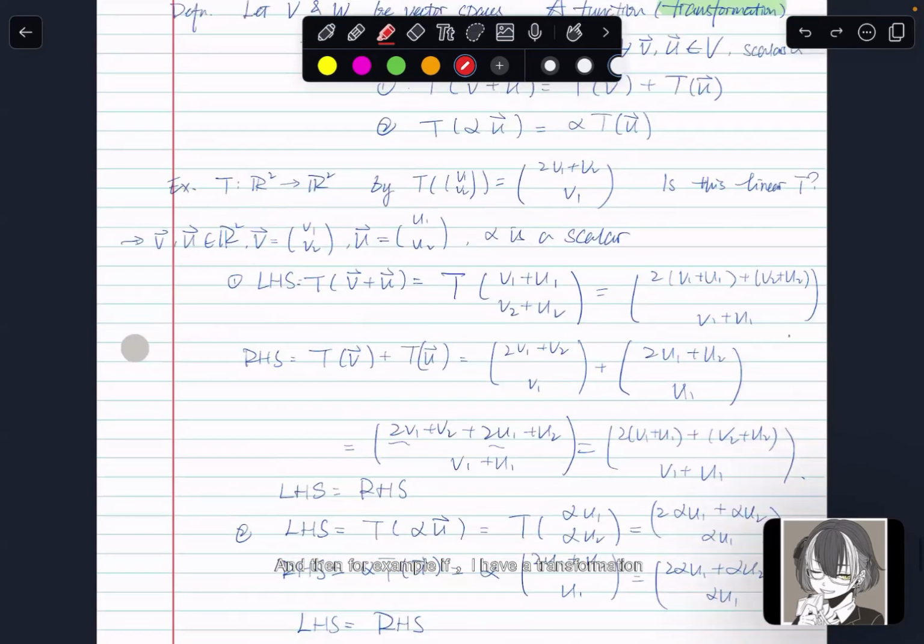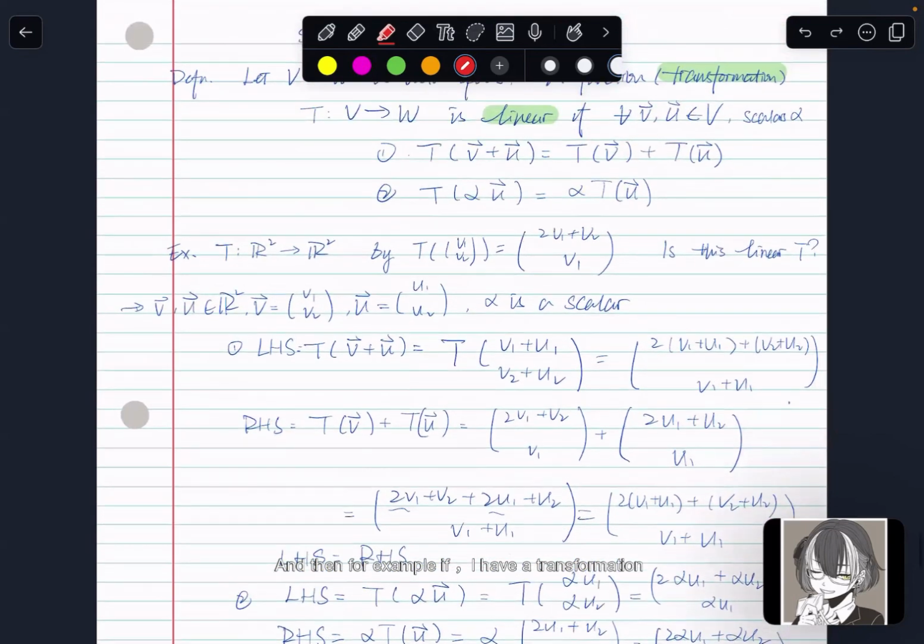For example, if I have a transformation mapping from R squared to R squared, I'll define T of (V1, V2) equals (2V1 plus V2, V1). Now the question is: is this linear?